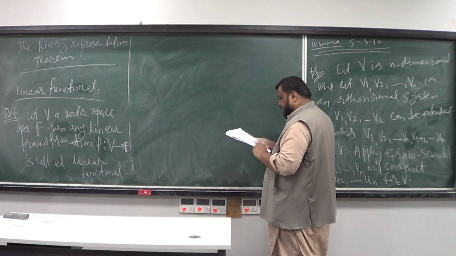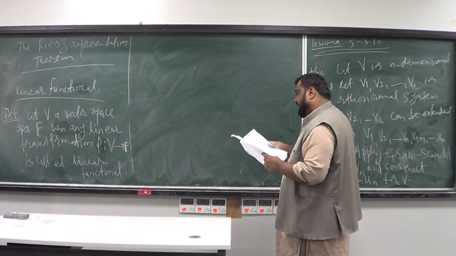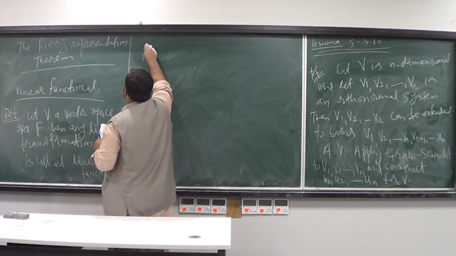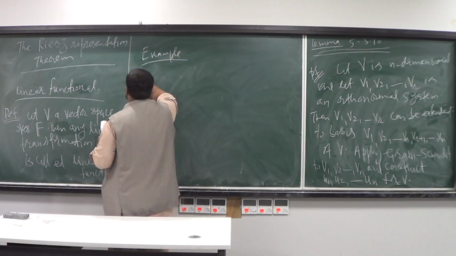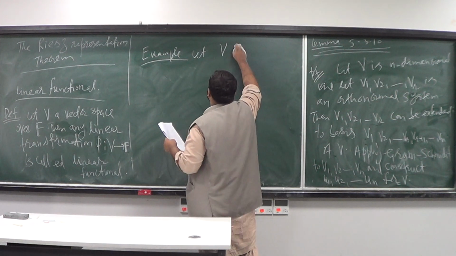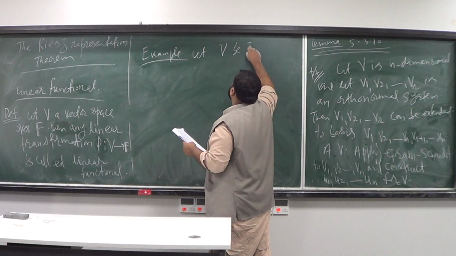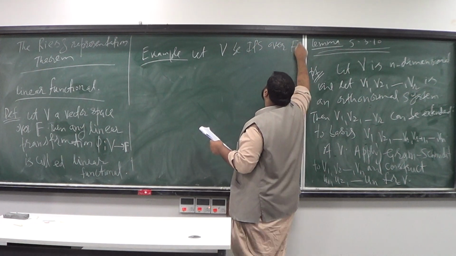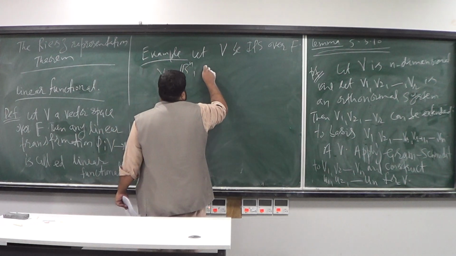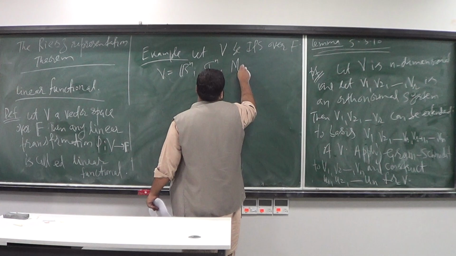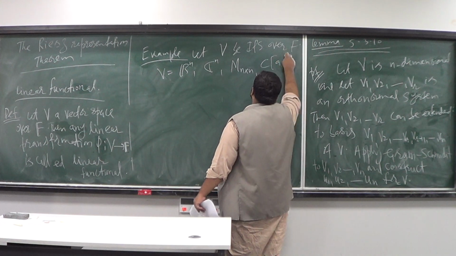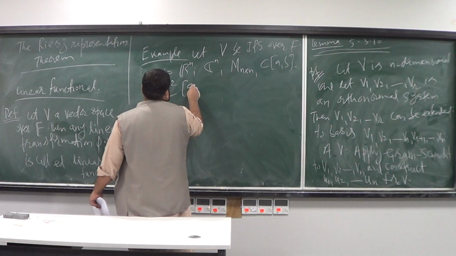So let's do some examples of linear functionals. The first example: let V be any inner product space over F. This V can be Rn, it could be Cn, it could be the space of all matrices, it could be C[a,b], it could be L2[a,b], it could be anything.